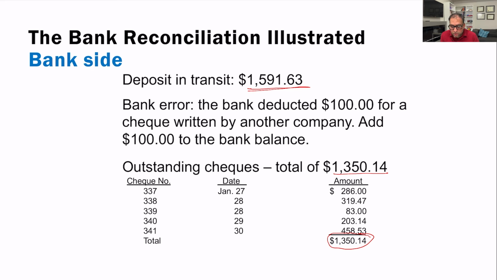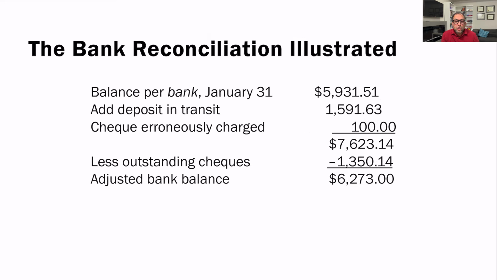Now, what we learned is that we start with the bank statement balance, we add the deposit in transit, and we add this bank error, which they charged incorrectly to our account. So this is an addition, this is an addition, and altogether it's 7,623.14. What do we have to subtract?